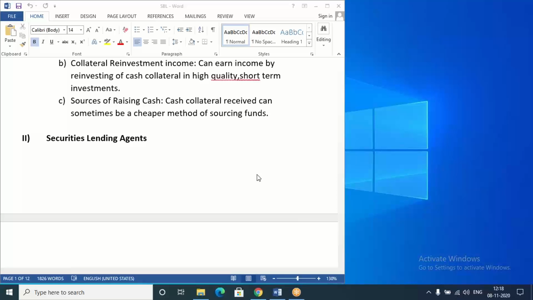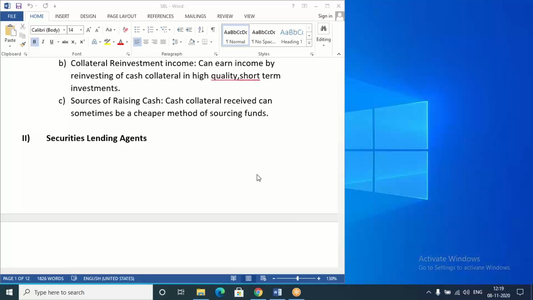It's not like a lender can stand on the road and say, hey, I have 100 million shares of Apple, who wants to borrow? Correct? So you have someone to help him out there. It's called a securities lending agent.